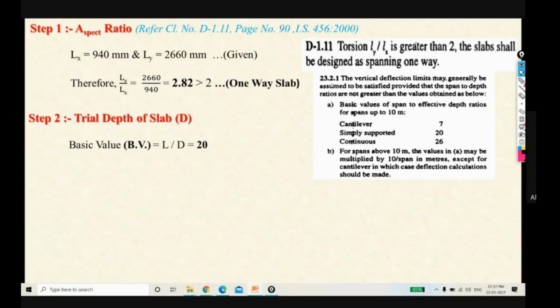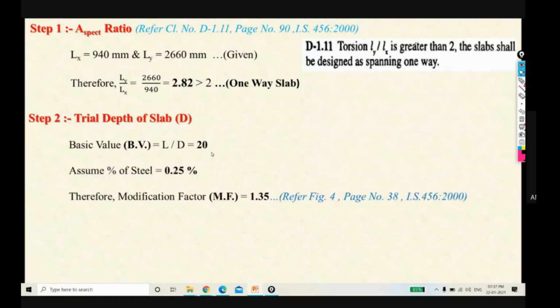As per IS code clause 23.2.1, for a simply supported member, the span to effective depth ratio for spans up to 10 meter is equal to 20. That's why we will consider the basic value of L by D as 20.